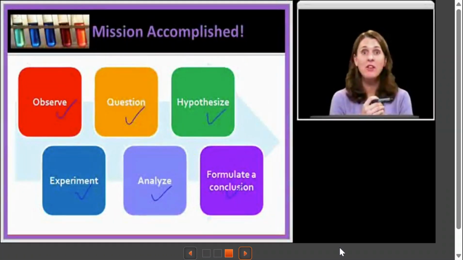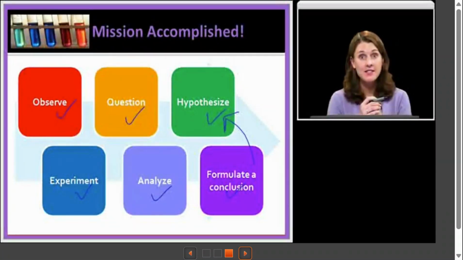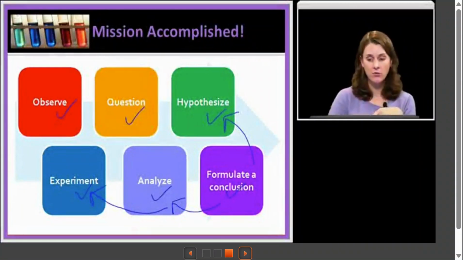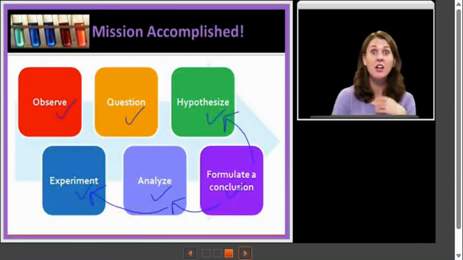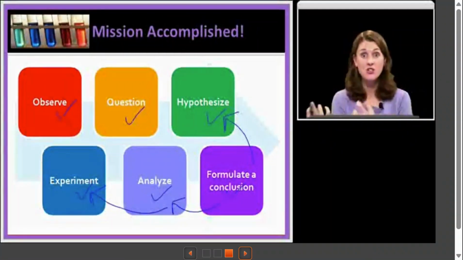Finally, you formulate a conclusion. In your conclusion, you revisit your hypothesis. Did you prove it to be correct? Yes or no? Did you use evidence from your experiment? So we're backtracking to our other steps here. You analyzed whatever it was you found out from your experiment. That should go into your conclusion.